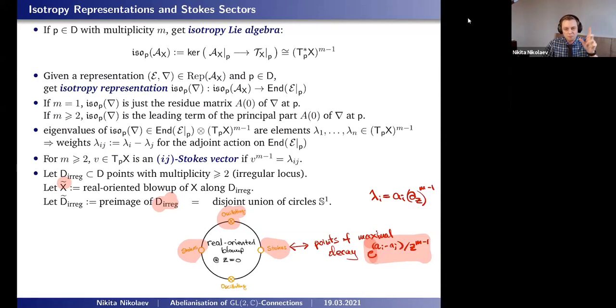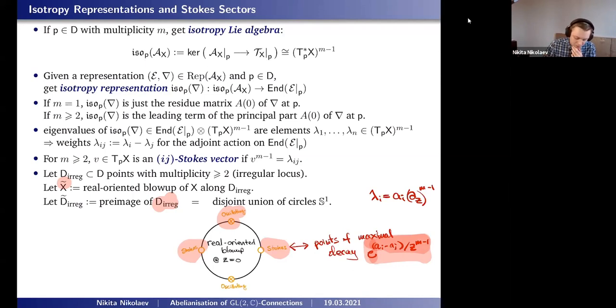So the exponent here is purely imaginary. That's why people call them oscillatory or oscillating directions. So I will denote them by these crossed circles.